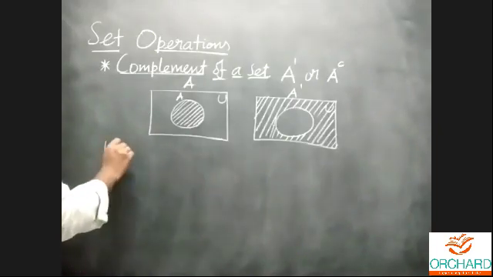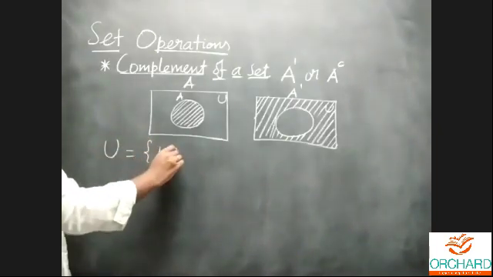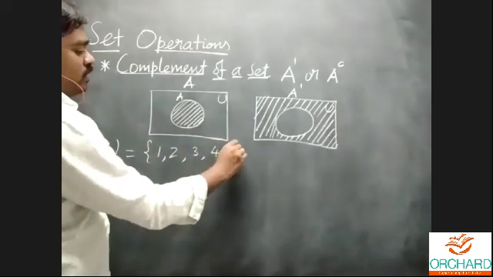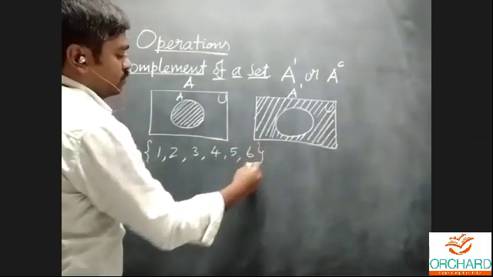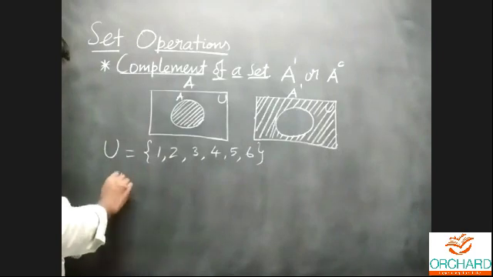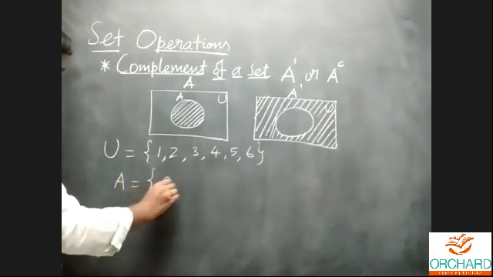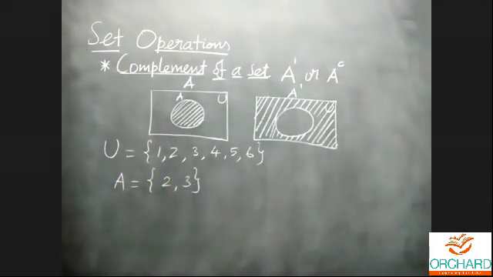For example, I can consider the universal set with the elements 1, 2, 3, 4, 5, 6, and set A as 2, 3. What is A dash?